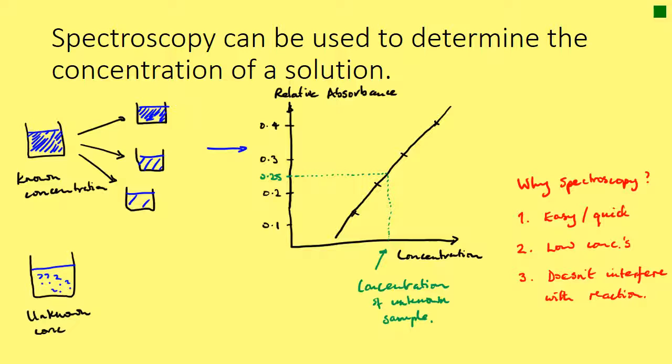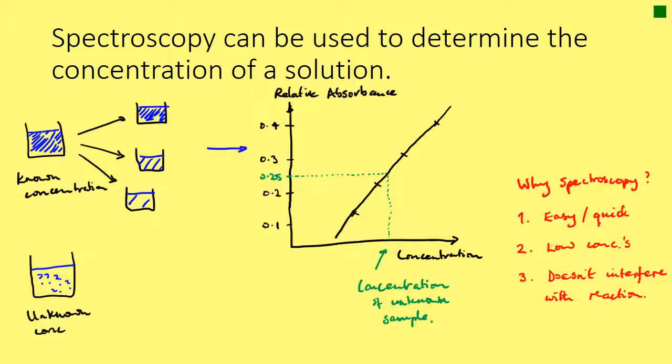So we get some sort of plot, and then we draw a line of best fit through that. And that's what we've done with our known concentrated sample. Now we come to our sample of unknown concentration. And that's the concentration we want. And we put that through our spectroscopy machine.